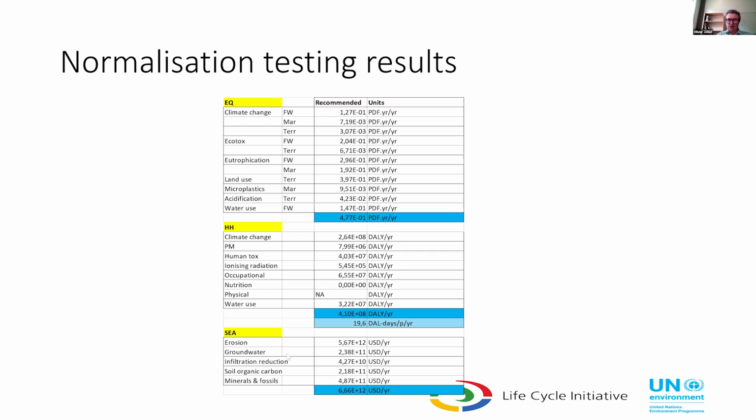Our recommendation, and I will show for the RISE case study how to do that, is really to look at these results in log scale. What is interesting when we look at these results is some are around 10 to the minus 1, like here the climate change, freshwater, or the marine eutrophication and freshwater eutrophication.